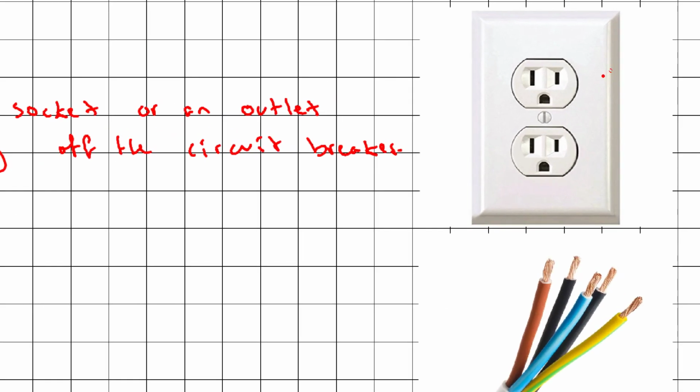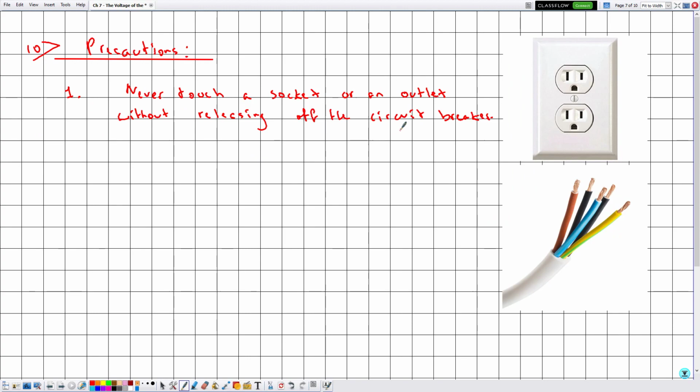So we never touch this outlet, and if you want to touch it for some reason, I don't know what is the reason, for example, if you want to fix something, then we should first release the circuit breaker or the differential circuit breaker installed in our homes.